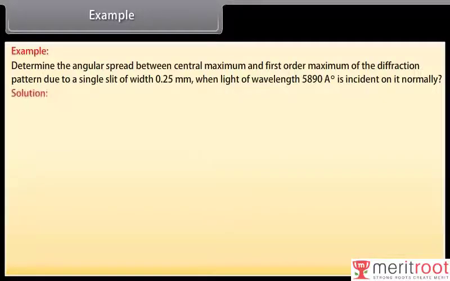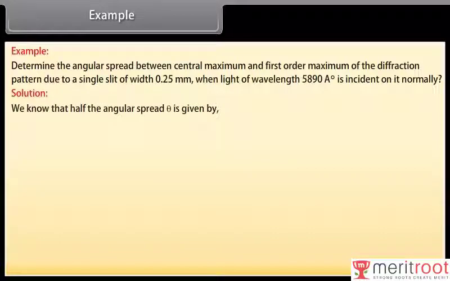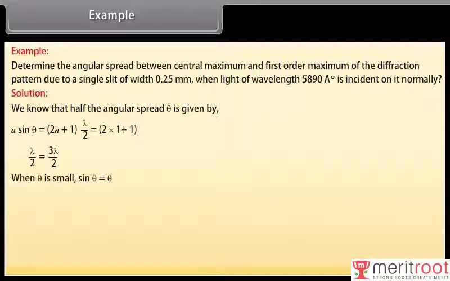Let's see the solution. We know that half the angular spread is given by a sin theta equals (2n+1) lambda by 2. On equating this, we get a sin theta equals 3 lambda by 2. When theta is small, the value of sin theta is equivalent to theta.